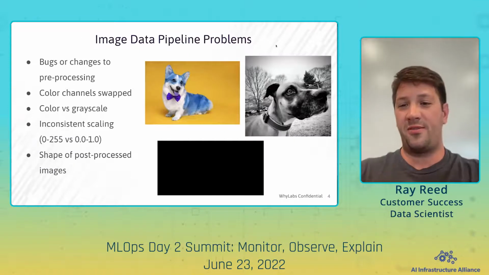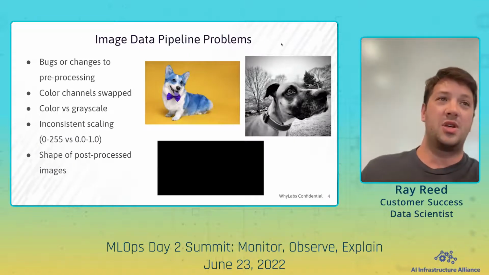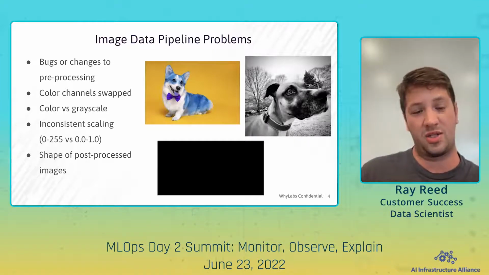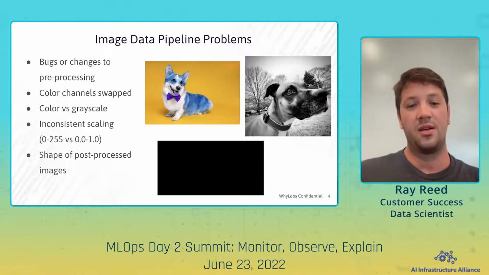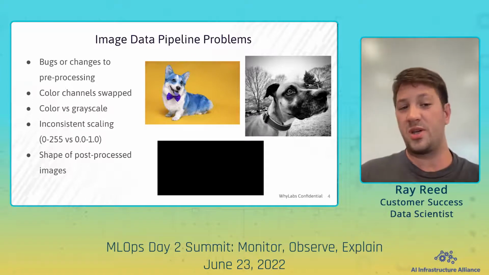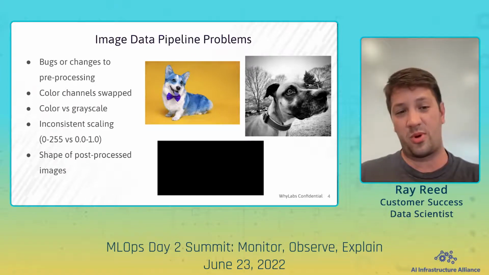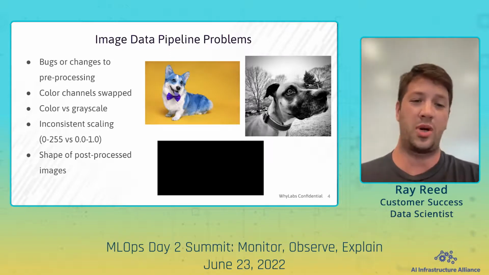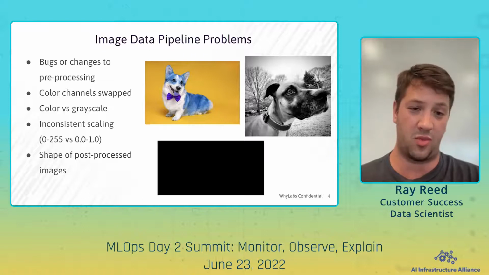So even if all the images that are being fed to our model are representative of our training data, and they fall within the parameters our model has been trained on, we still run into some big issues because we typically touch these images before they're being fed to models. We usually manipulate them or pre-process them in some way.